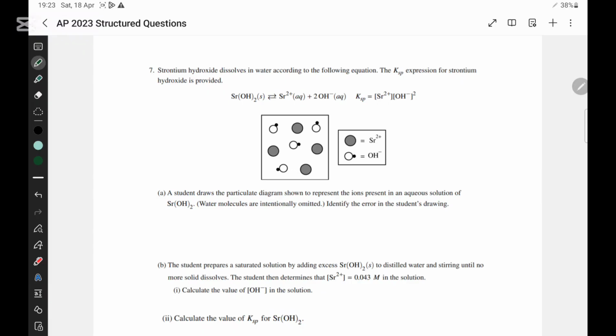Strontium hydroxide dissolves in water. According to the following equation, the Ksp expression of strontium hydroxide is provided. You can see strontium here is going to be 4, and hydroxide here is going to be how much? That is going to be 1, 2, 3, 4. So both are 4. But if you see they have the ratio 1:2, then you can say one thing.